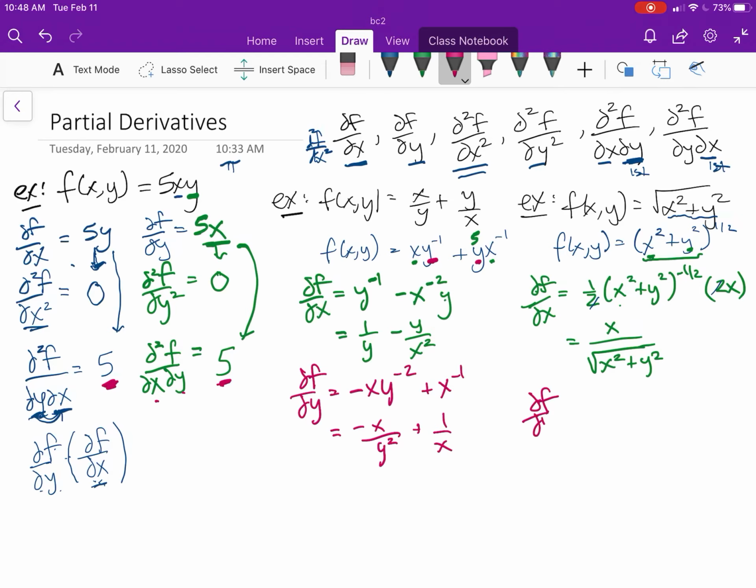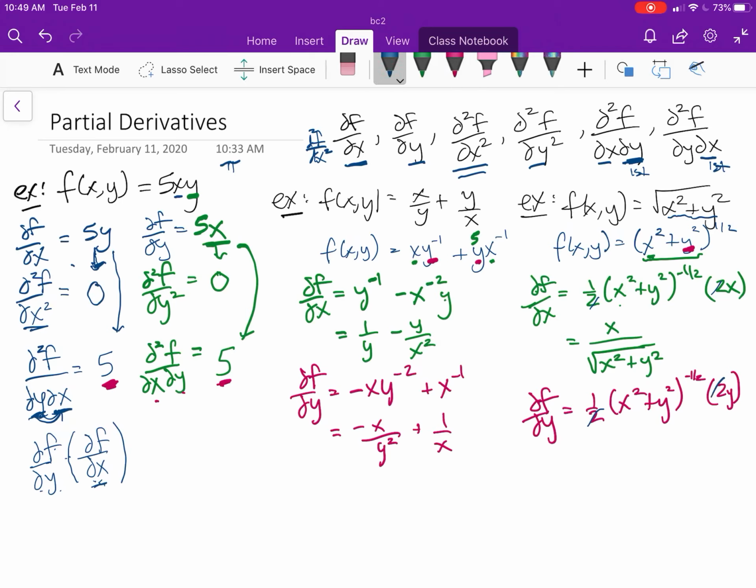Once you get the hang of these, we'll start to go pretty quick here. This one's going to be very similar, it's just now y is the variable, right? So we still bring down the 1/2. I still subtract 1. But now when I do chain rule derivative of the inside, y is the variable, x is a constant.